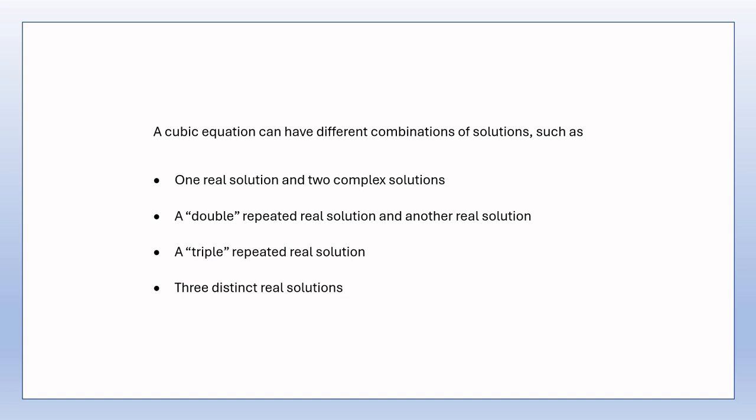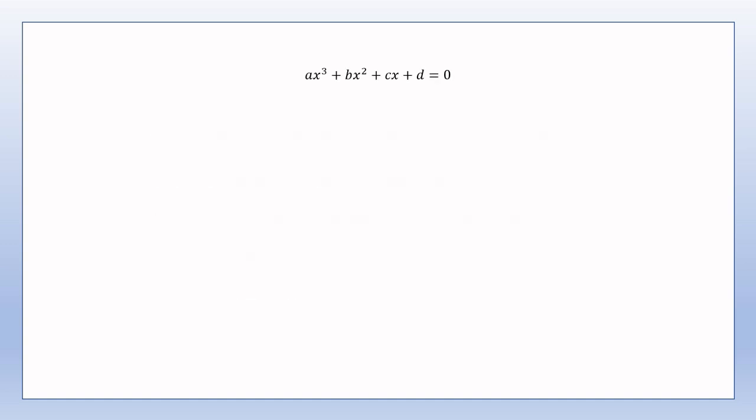At A level, there's only really one way to solve cubic equations, and that's through factorization and application of the factor theorem to obtain a suitable factorization. Therefore, to solve the cubic equation ax cubed plus bx squared plus cx plus d equals 0, let's divide through by a to make things a bit simpler, and we can do this since a is not equal to 0.